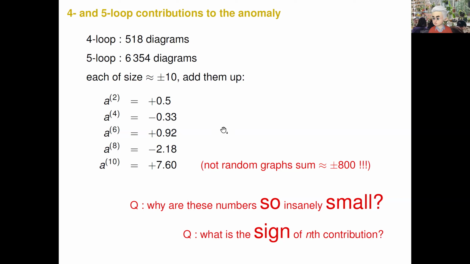Now, if they were just sums of random magnitudes of diagrams, there should be a square root of sum of squares. They should have a variance, and there should be 800 and not 8. So they're insanely small. And the signs seem to make sense.